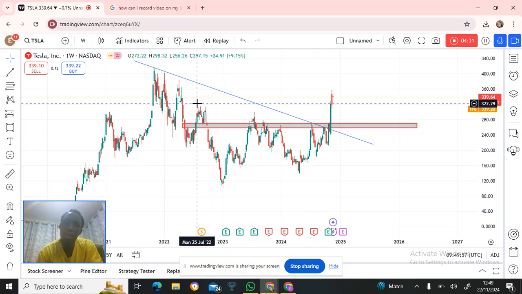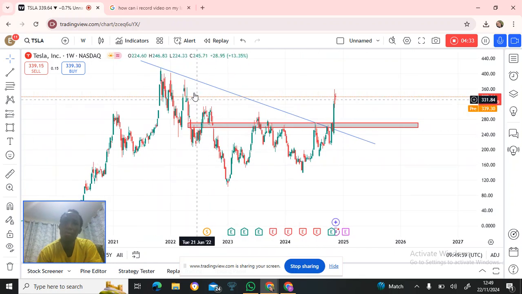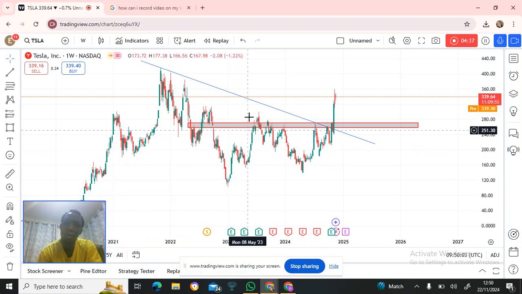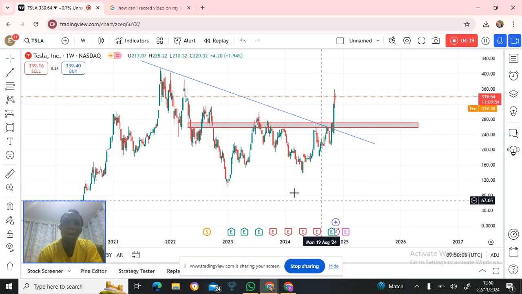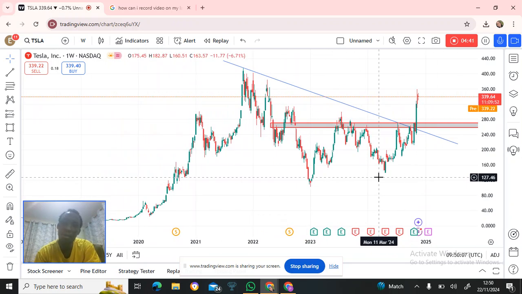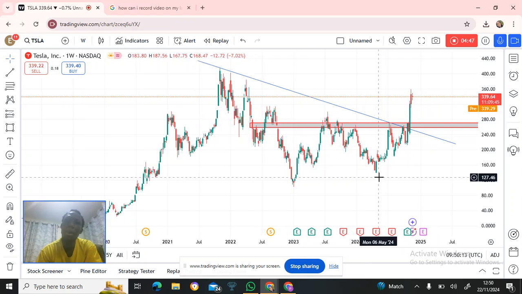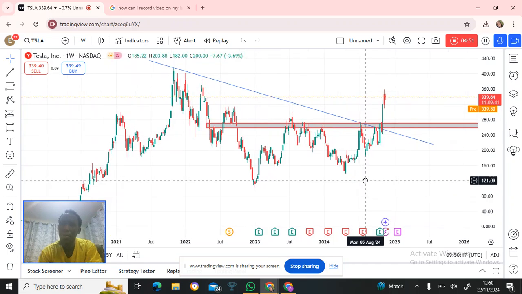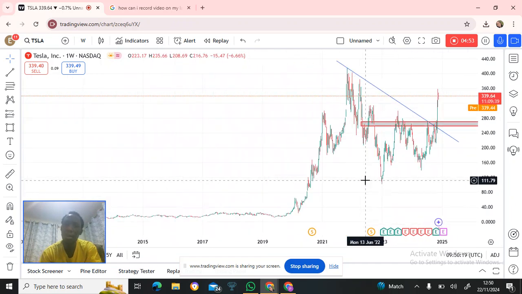You can see how the market is moving from this point to this point, this point, this point. So this market doesn't just move randomly. There are some things that it respects. So when I come to Tesla stock, I will look for the lowest price to buy. The lowest price in this case.